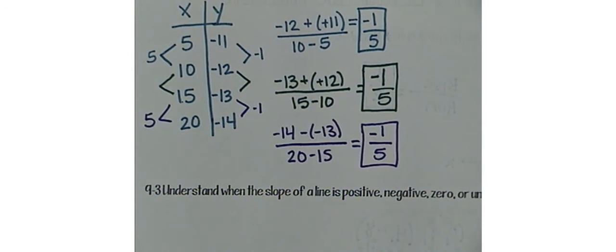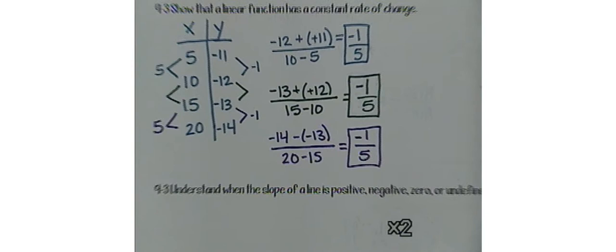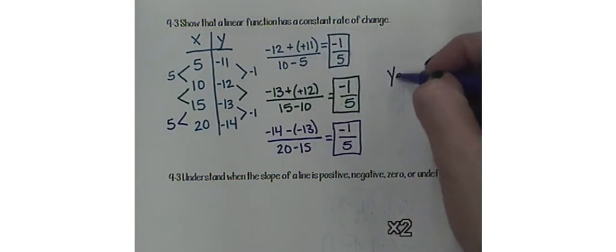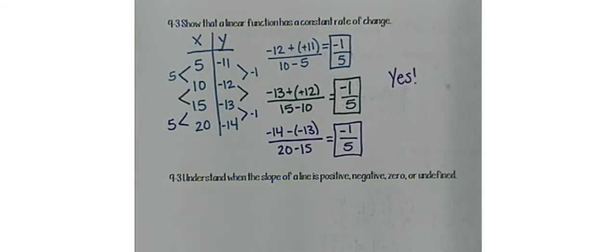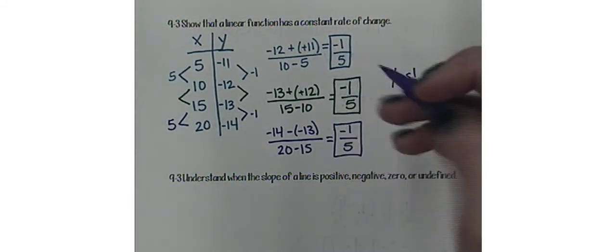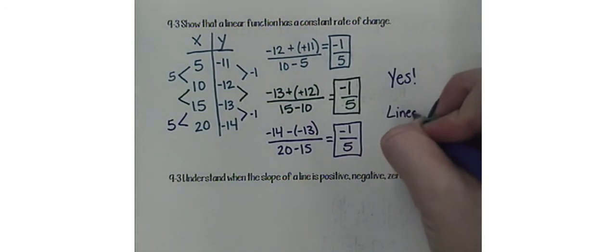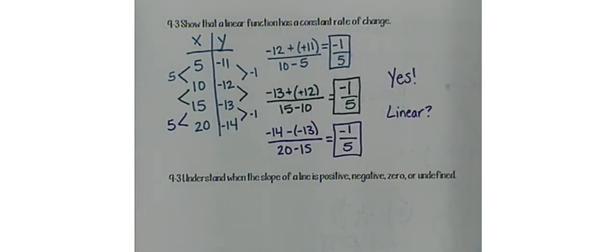So it's the same. Does it have a constant rate of change? I would say yes, it does. Why? Because it's negative 1/5. Bonus question: is this linear? Does this form a straight line? Yes. Why? Because the rate of change is constant. The rate of change is the same.